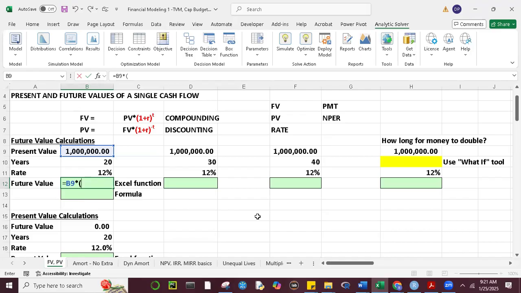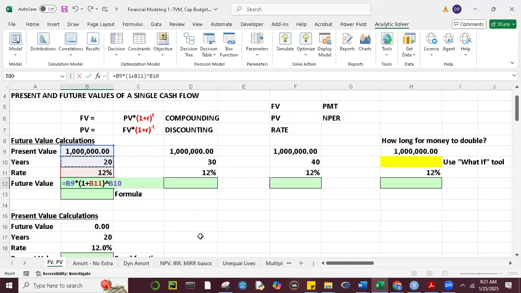So parenthesis, 1 plus our R is this one, right? And then raised to the T. In Excel, raising to an exponent is shift 6. Shift 6 times this one.